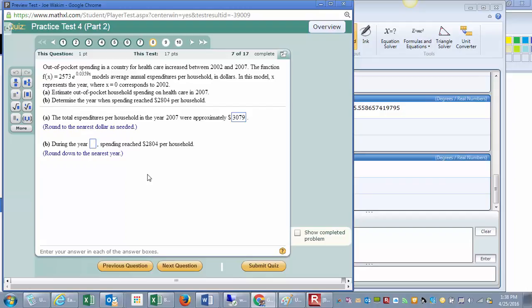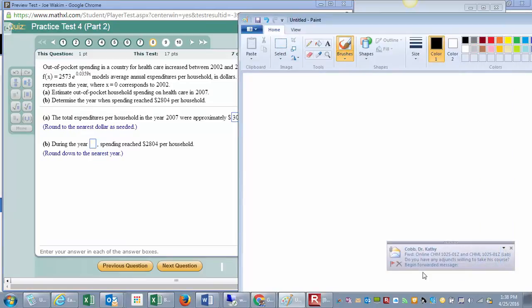During the year, spending reached 2,804 per household. So now we have to use this and then solve for x. So let's do that. Okay, let's try again.